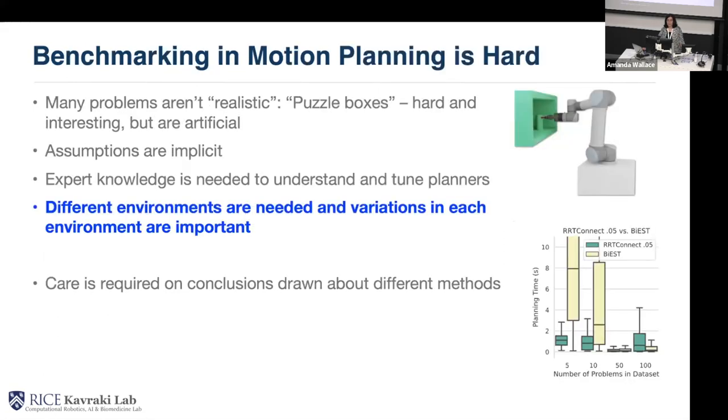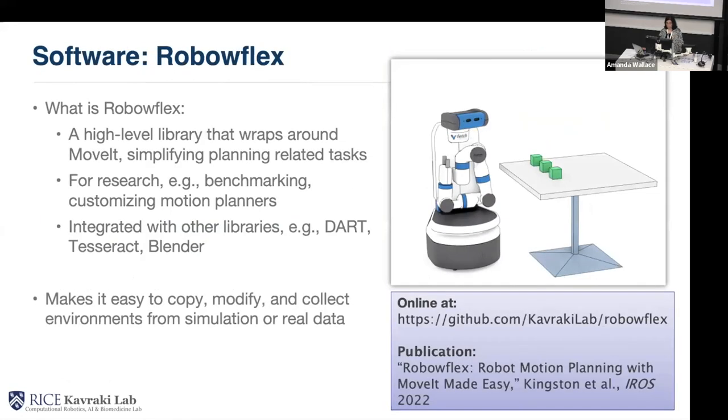The second thing, the different environments that are needed and the variation in each environment, are very important for understanding what kind of planner you're going to use. And remember, I'm still talking about a much simpler problem than what has been discussed here in this workshop.